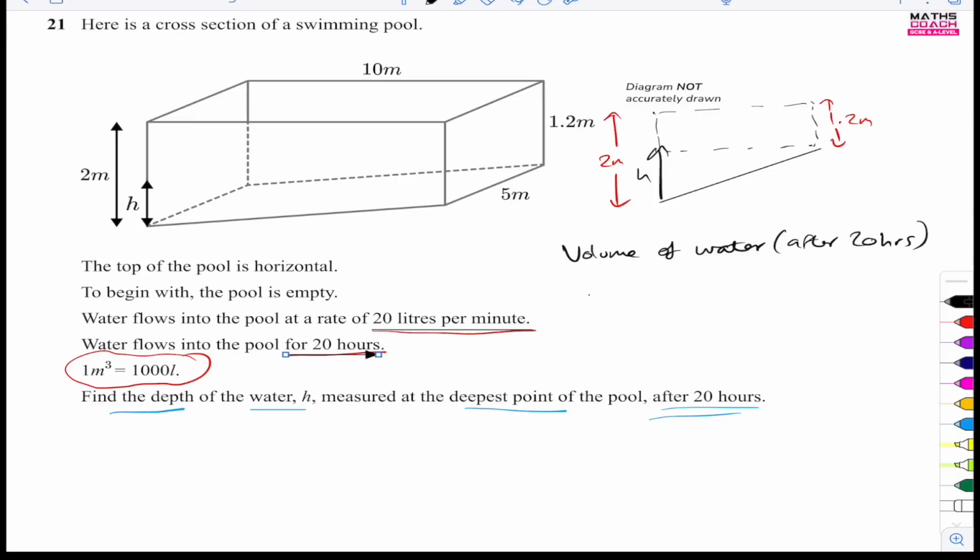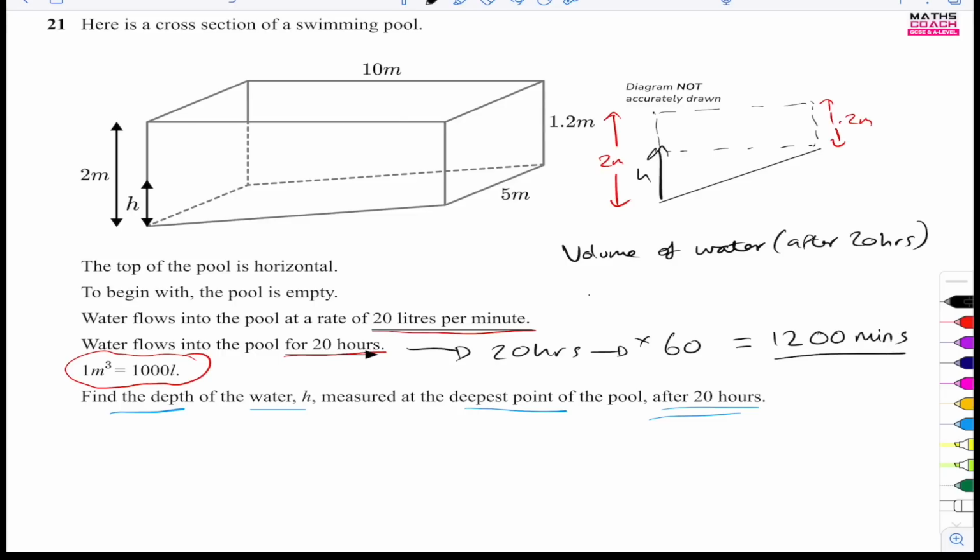So let's convert this 20 hours into minutes. How do we do that? We multiply it by 60 because in 1 hour there are 60 minutes. So 20 times 60 is going to give us 2 times 6 is 12, and then add the 2 zeros. So it's 1,200 minutes. That's how long it's going to be for 20 hours.